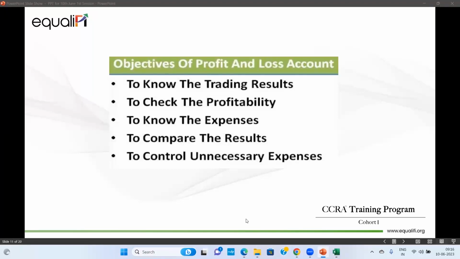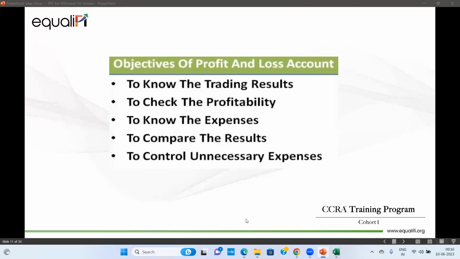So this is just an example. It could be electricity bill, it could be wastage and pilferage of materials, it could be excessive manpower cost, it could be anything. Just identify, do a root cause analysis and take a corrective action. That is the reason we need to know the PL account.